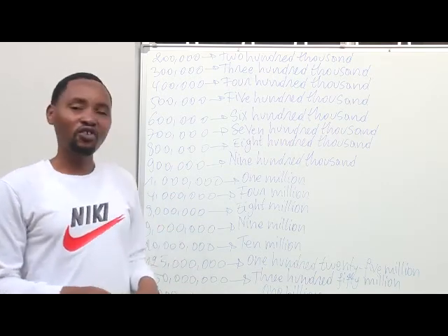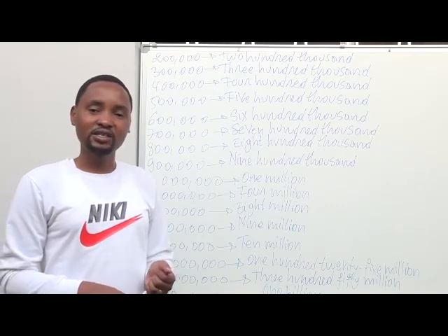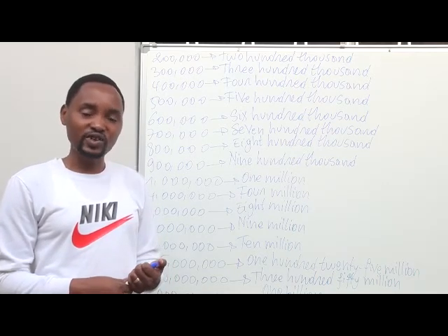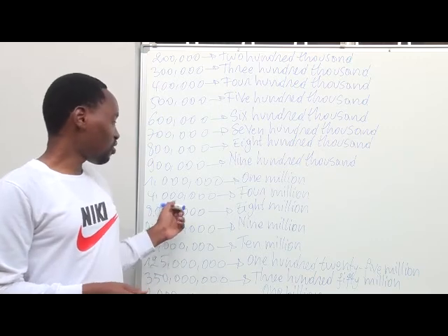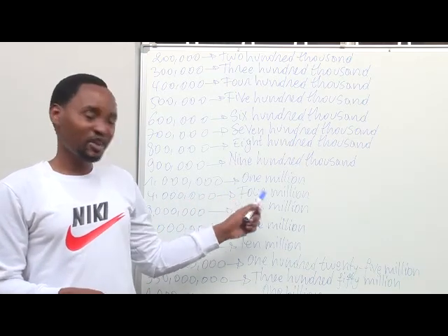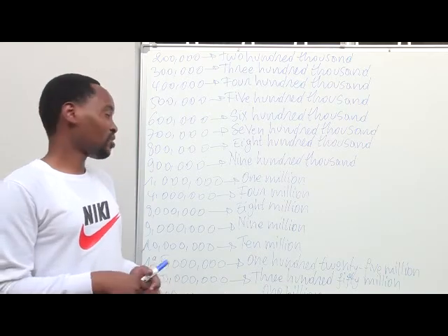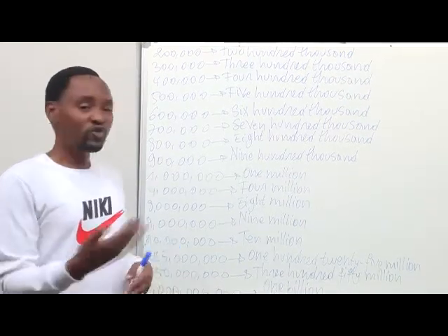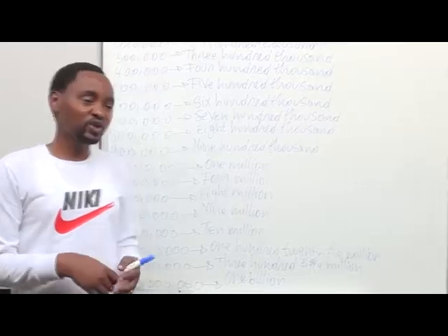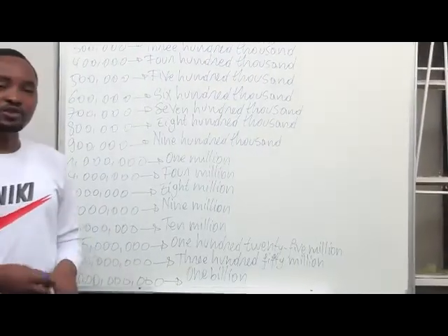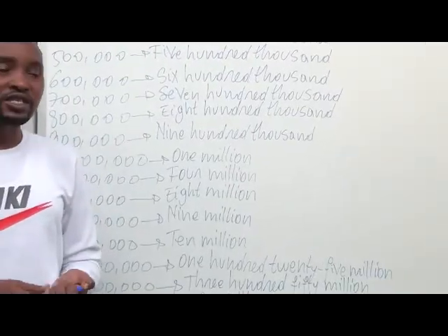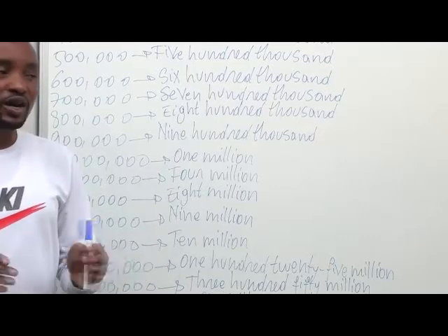Here we have 4 and 6 zeros, so we will say 4 million. If we have 5 and 6 zeros, we have skipped the number because we cannot write all the details or numbers.